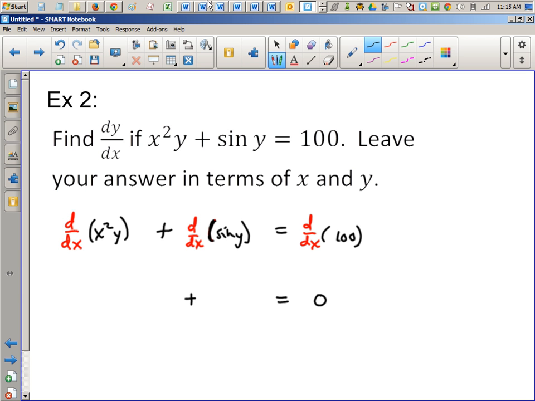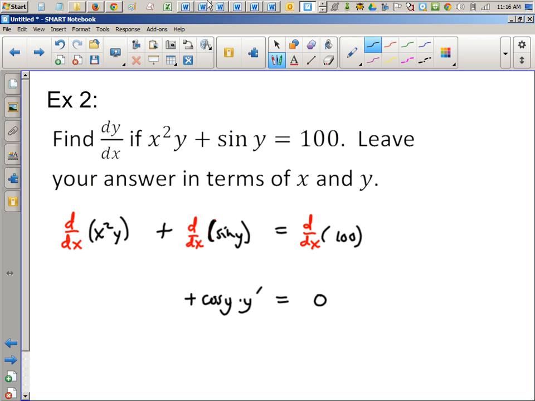Be careful. What's the derivative with respect to x of sine y? Watch that chain rule. What's it going to be? Cos y times y prime. Yes. Cos y times y prime. Or as Mr. Lynch would write, cos y times dy/dx.